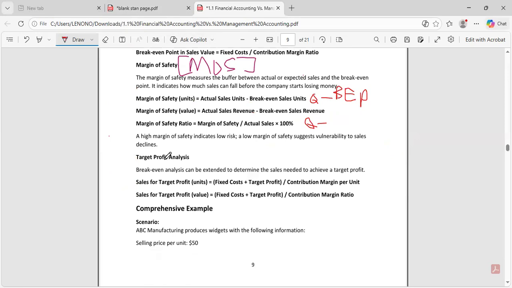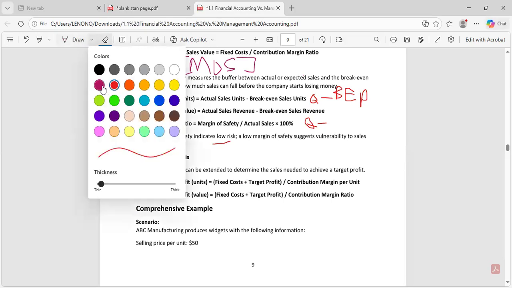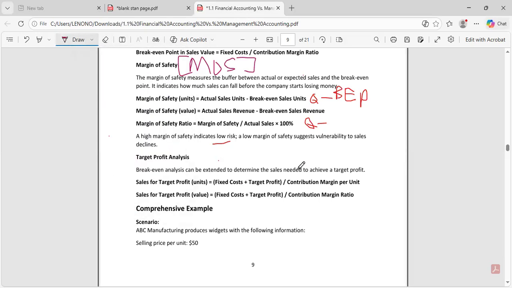A high margin of safety indicates low risk. A low margin of safety suggests vulnerability to sales declines. In target profit analysis, we extend the break-even analysis to determine the sales needed to achieve a target profit.